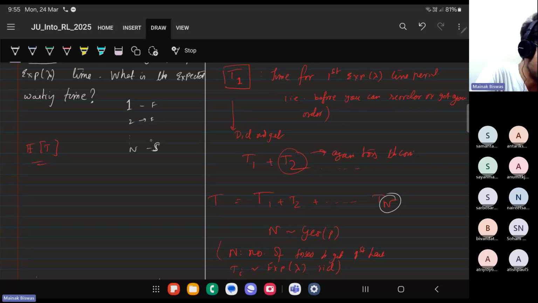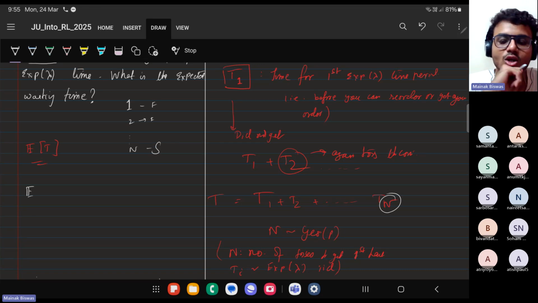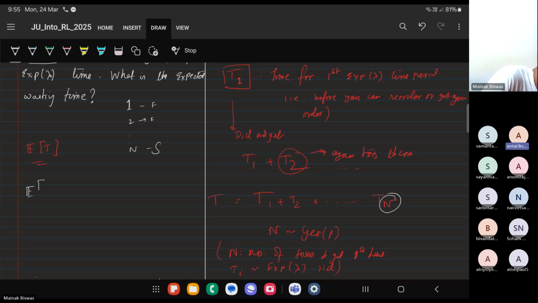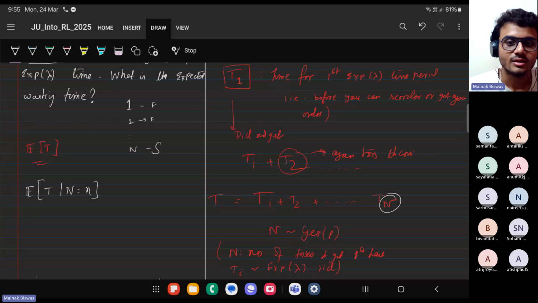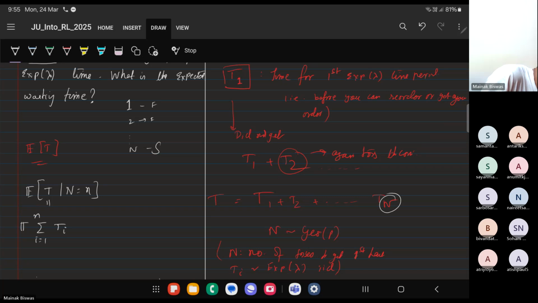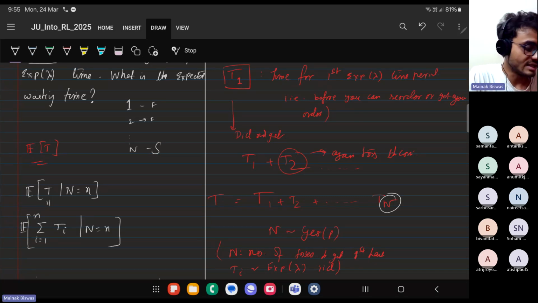Only when the nth toss is a success will you stop. If I already knew n, would your problem be solved? Yes. If I knew that n was equal to small n, then I could write this as the summation of i equal to 1 to n of Ti. I could have done this very easily.